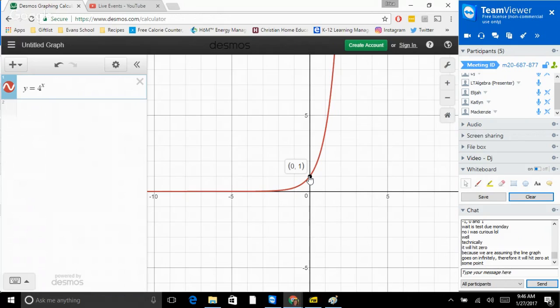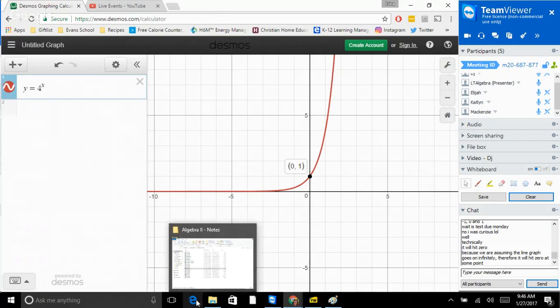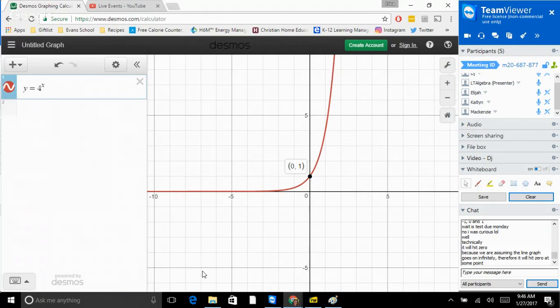And then this also makes sense because when x is 0, 4 to the 0 power is just 1. So that's why those 2 points are always consistent. And then after that, it's just going to grow. Okay, so that is an exponential growth function.